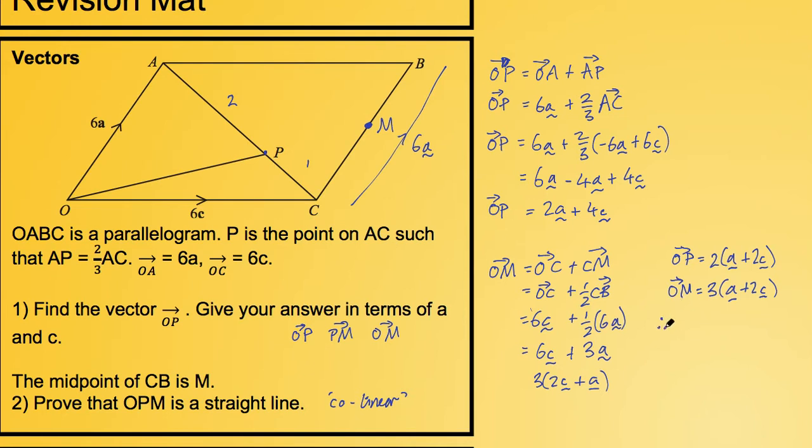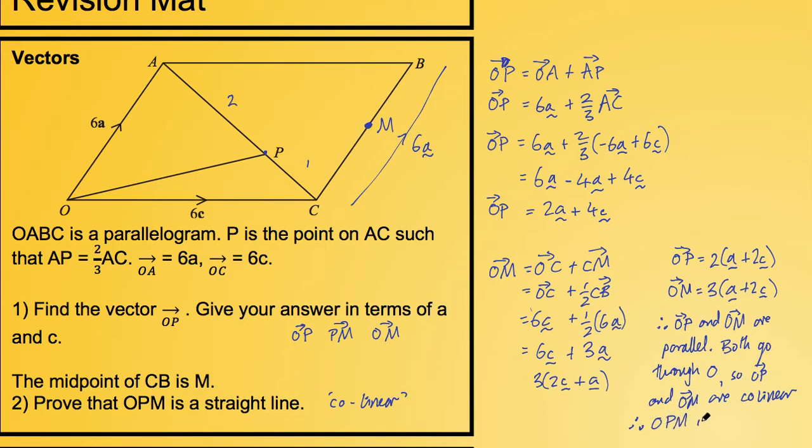So therefore OP and OM are parallel. Both go through O, as in it's a shared point O. So OP and OM are collinear. Therefore, OPM is a straight line.